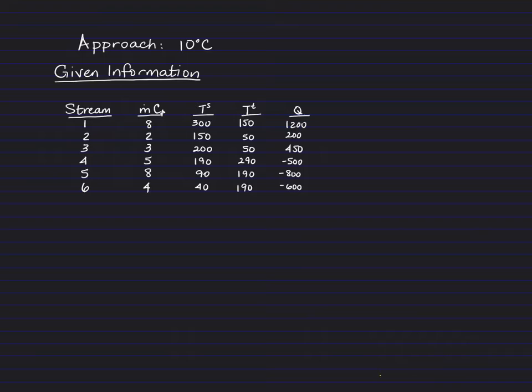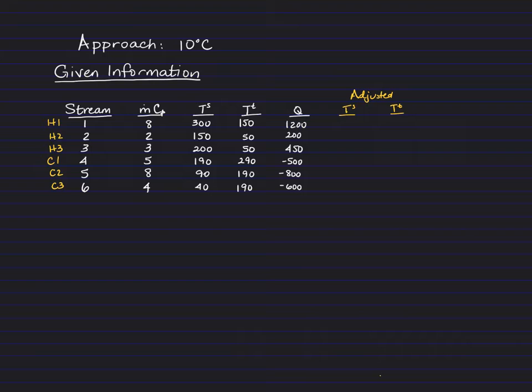Now the first step that we want to do is adjusted source and target temperatures. And to do that for all of the hot streams, and we can rename these H1, H2, H3, and these ones that are warming up are cold 1, cold 2, and cold 3.